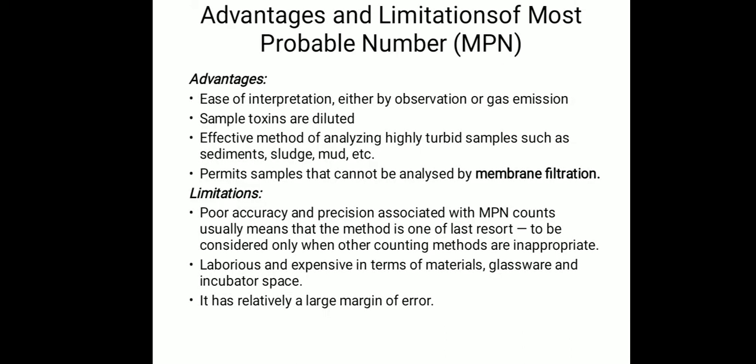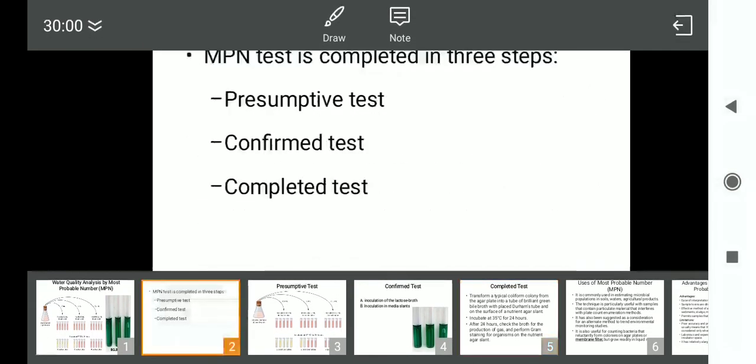Before we end this topic, I forgot to mention the results, or the interpretation, of how we will get the results for these different steps. First we'll discuss the presumptive test.